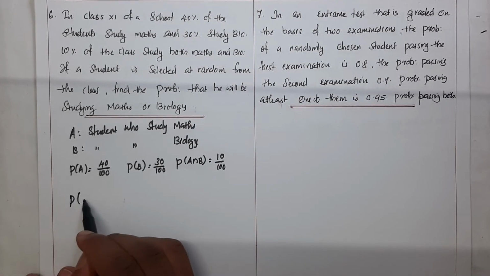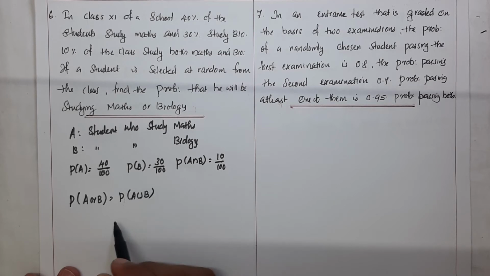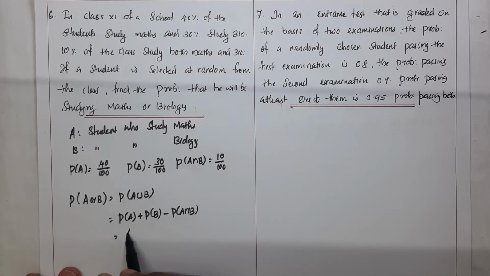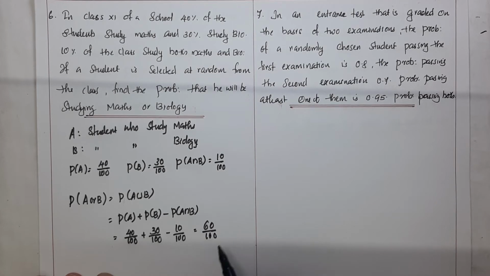Now find P of maths or biology, that is P of A union B. You know the formula: P of A plus P of B minus P of A intersection B. That is 40 divided by 100 plus 30 divided by 100 minus 10 by 100, which is 40 plus 30 is 70, minus 10 is 60, divided by 100, equal to 60%.